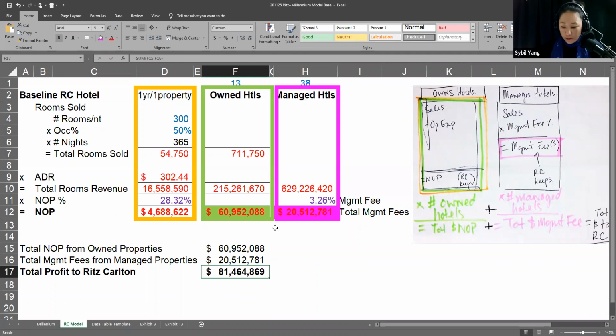And so this should get us to the end of the baseline Ritz-Carlton model, and we will come back and do a sensitivity analysis.